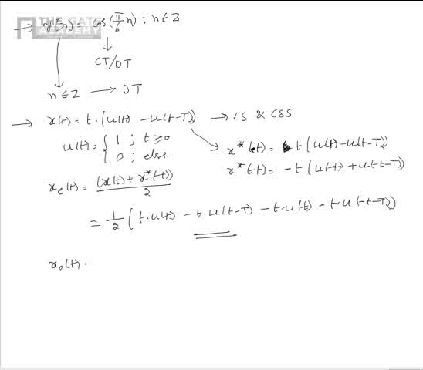Similarly, the conjugate skew symmetric part of the signal xo of t can be written as x of t minus x star of minus t divided by 2.